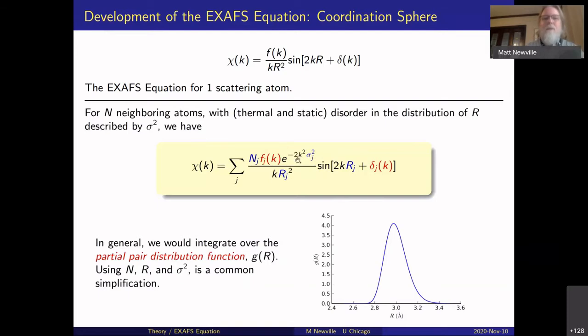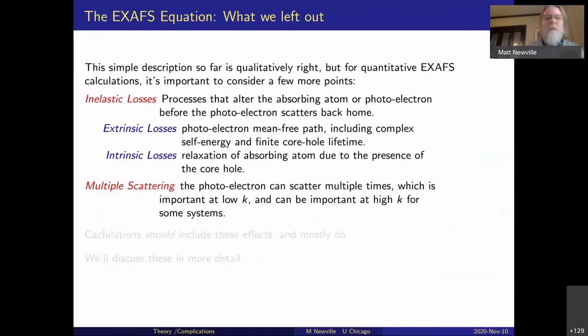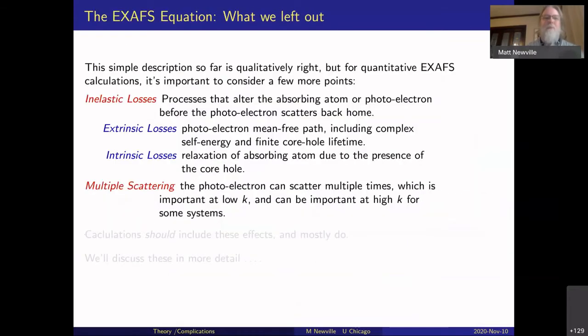We'll skip over much of that for the day. Then we have these functions f and delta that, you'll recall, modulate the sine functions of the important k dependence of the extended XAS and the phase shift to the data. That's what we got to so far, and we left out quite a bit.